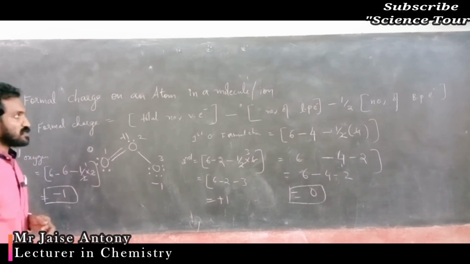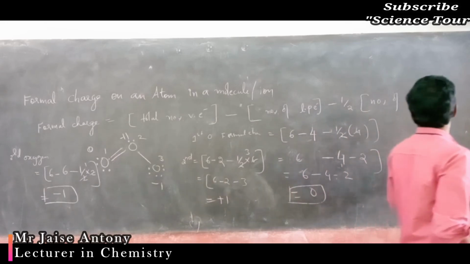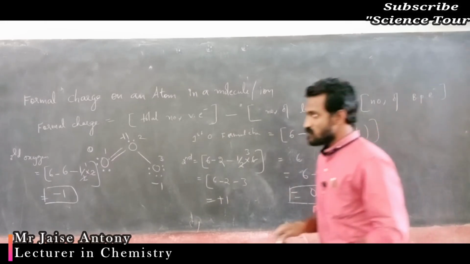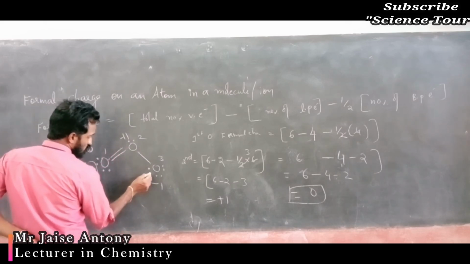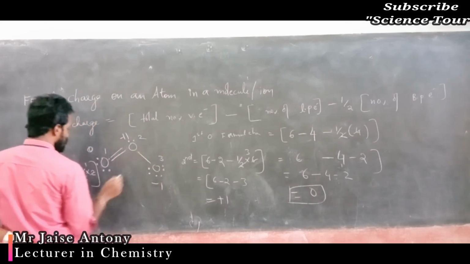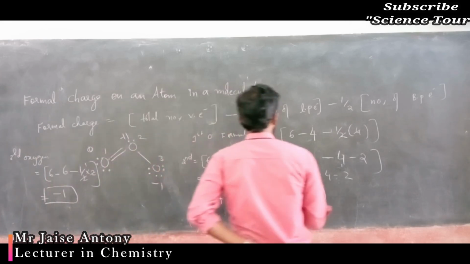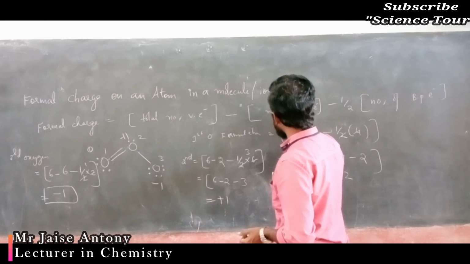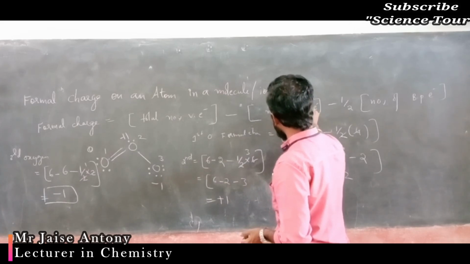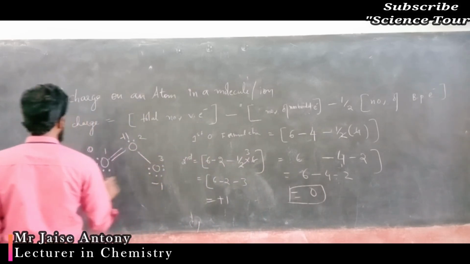So what is the formula? Total number of valency electrons minus number of lone pair electrons minus half the number of bond pair electrons. My dear students, while counting lone pair electrons, you have to check here. There are 6 electrons, so you have to write 6. Otherwise, to avoid confusion, you can write non-bonded electrons. Non-bonded electrons are 6.